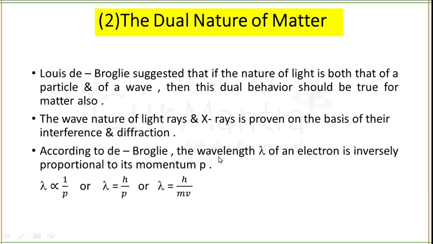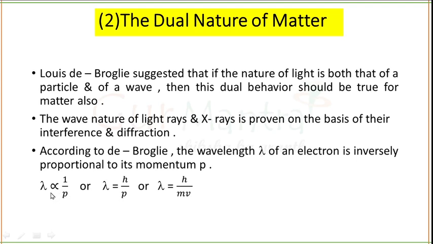According to de Broglie, the wavelength lambda of an electron is inversely proportional to the momentum p. As you can see here, lambda is proportional to 1/p, where p represents the momentum, and you know that p = mv.